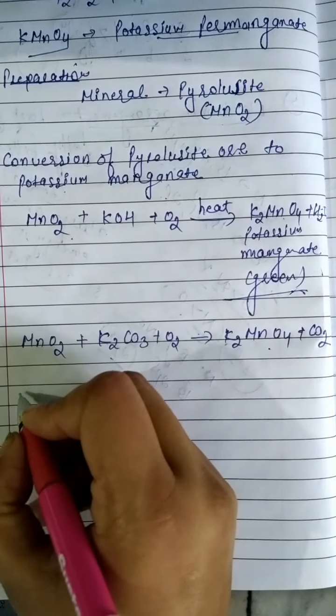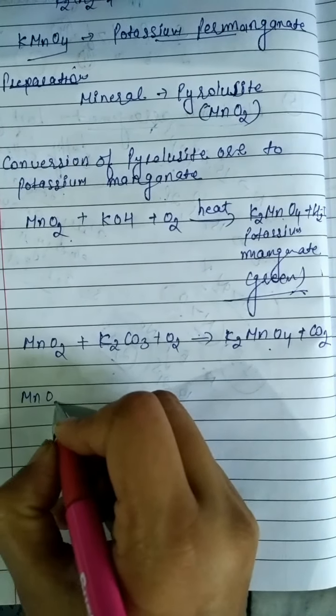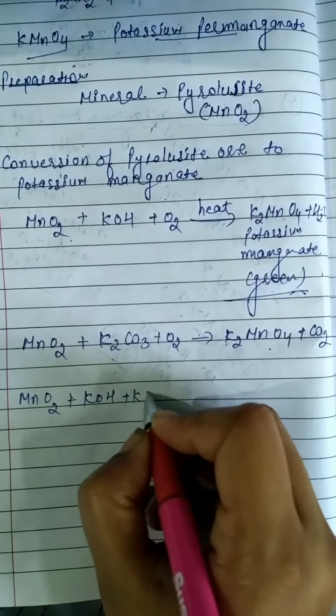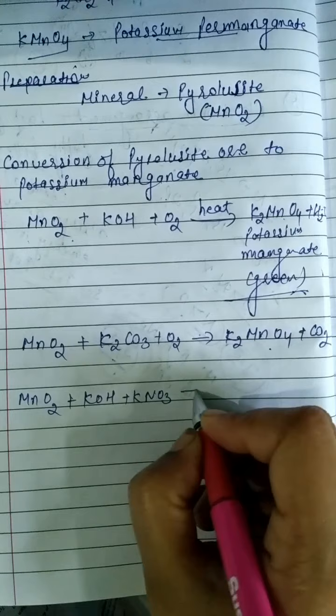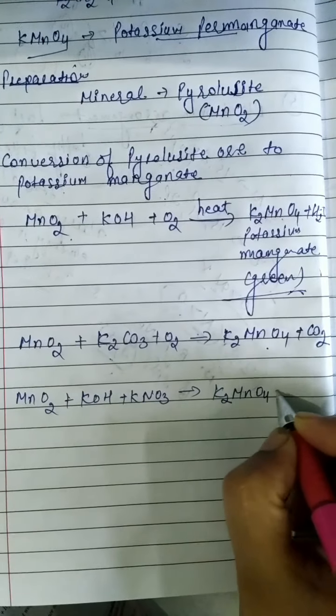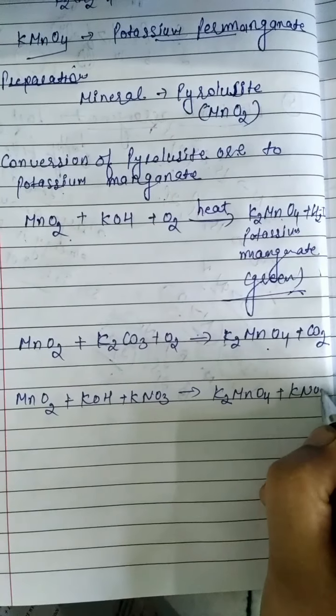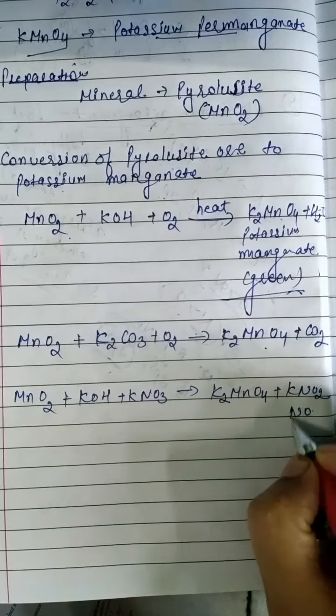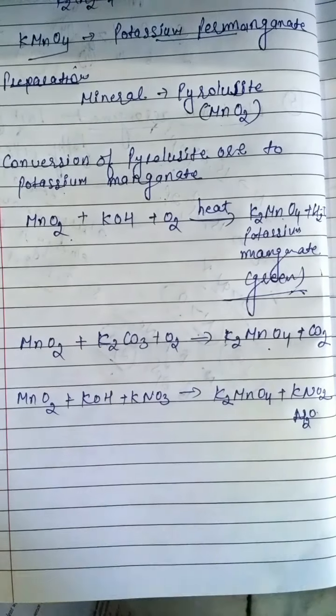The third one is MnO2 plus KOH plus potassium nitrate, which is converted into potassium manganate plus KNO2, potassium nitrite, and water.